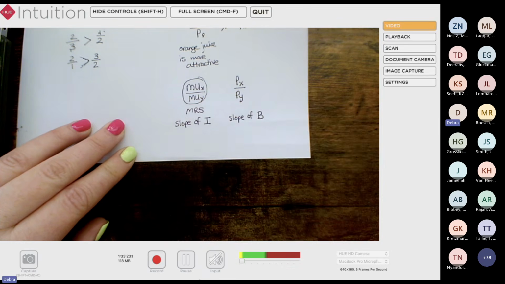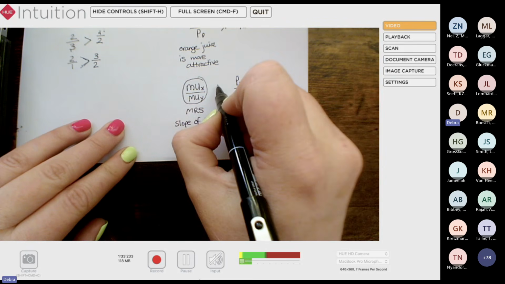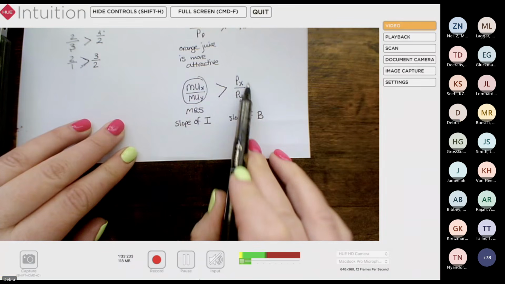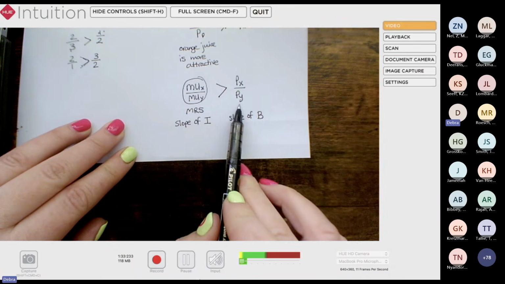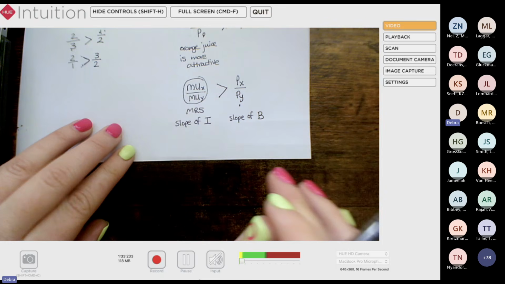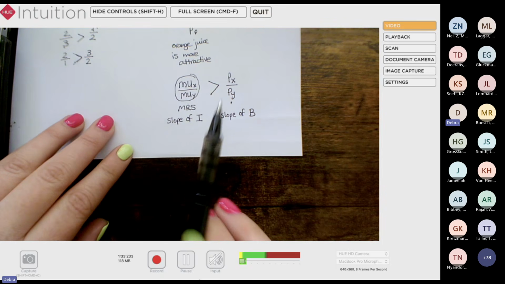If we find that the MRS exceeds this relative price, we would say that we are at a position where we are not optimizing because these slopes are not equal.